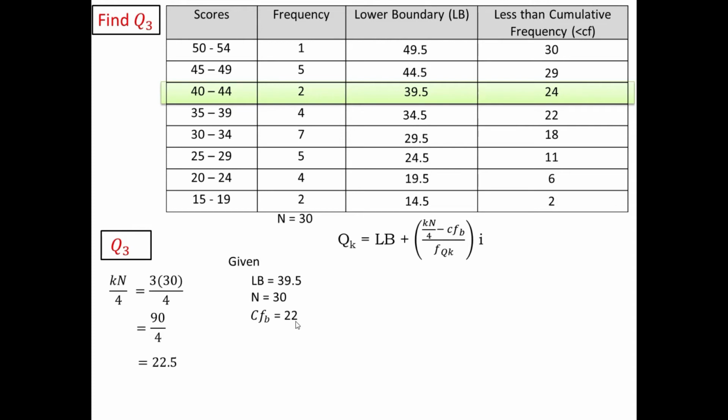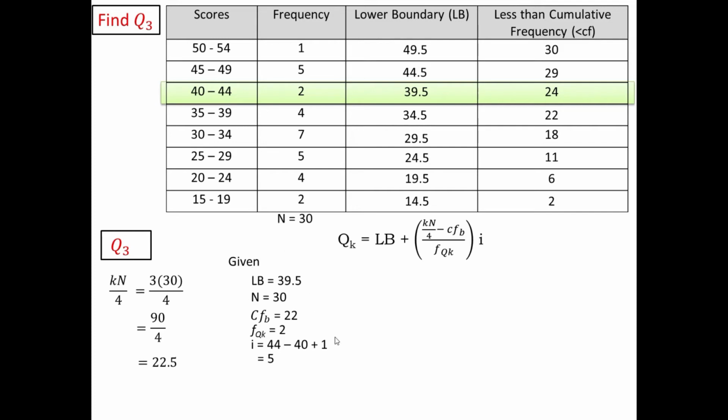Si frequency of the quartile class is 2. Then yung interval natin, that's 44 minus 40 plus 1. So 44 minus 40 is 4 plus 1, that's equal to 5. Actually, pwede rin naman na dito ka mag-minus si 45 minus 40, 5 pa rin. So yun pa rin yung lalabas na interval niya.